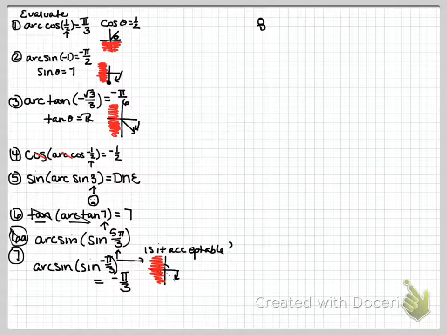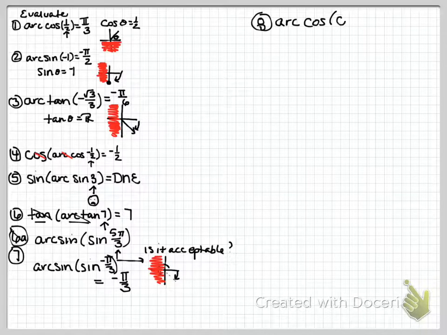You just have to pay attention to your details. So this time I want arc cosine of cosine 7 pi over 6. Again, we have to check that 7 pi over 6.